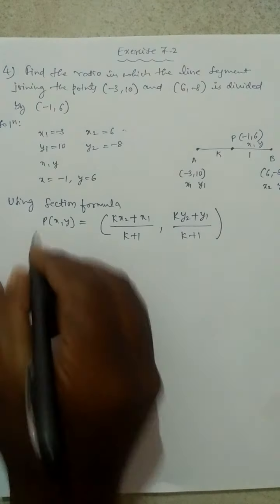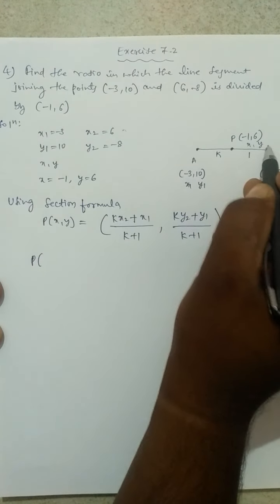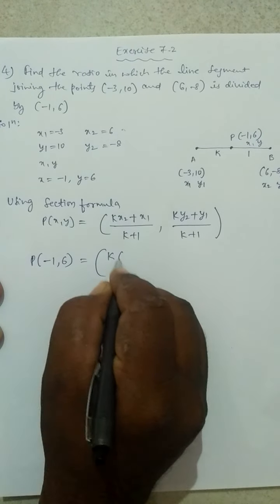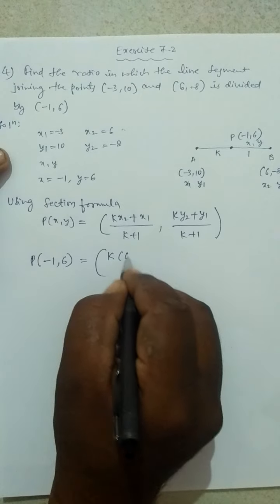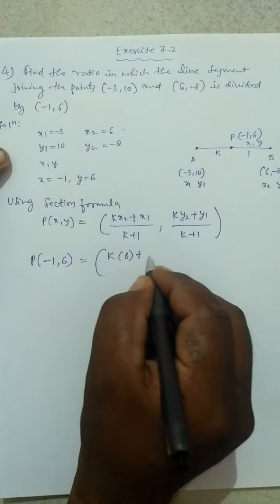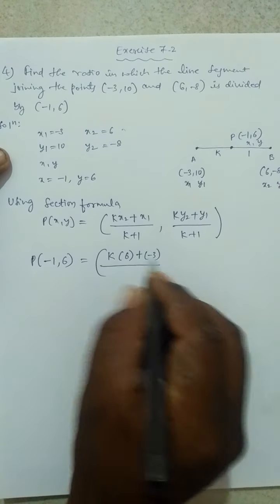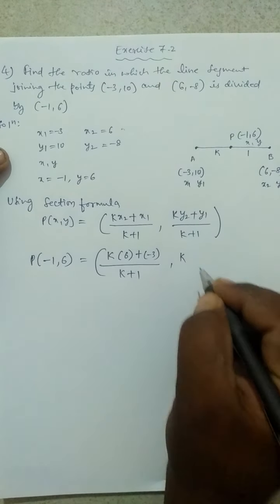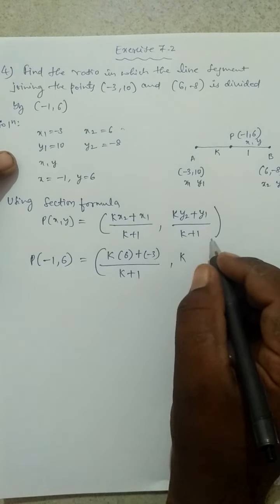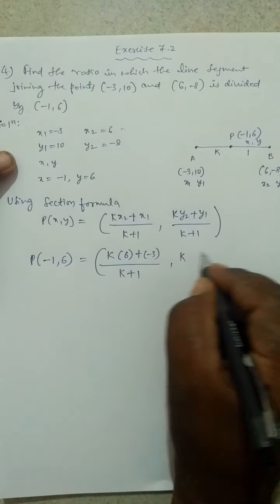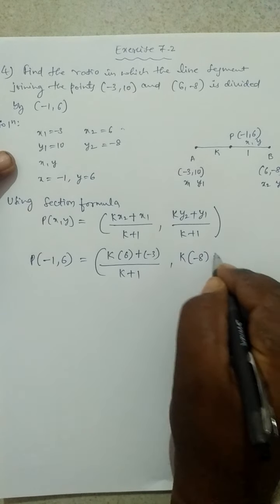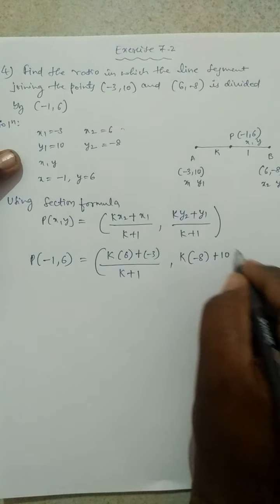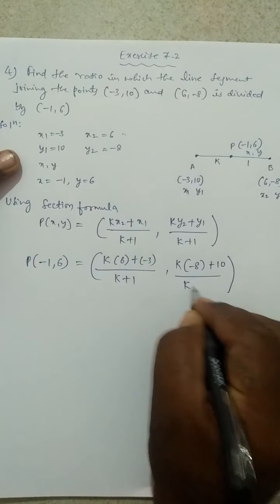Now we have to substitute. P(x, y) value is (-1, 6), that is equal to, here you have to write this k as it is, x2 value is 6 plus x1 value is -3, divided by k + 1, you have to write as it is. Now in the second part you have to write k as it is, y2 value is -8, substitute here, -8 plus y1 value is 10, divided by k + 1.